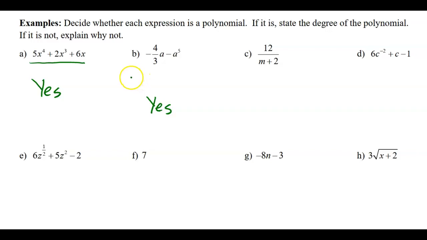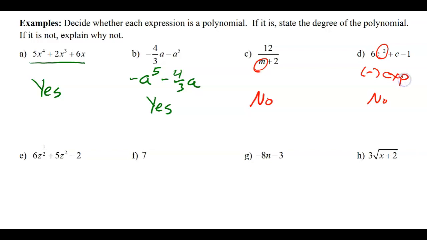So if I write it in standard form, highest exponent is a to the 5th, then minus 4/3 a. This one is no because the m is in the denominator. This one is also no because my exponent is -2. So negative exponent. This one is no, fraction exponent.